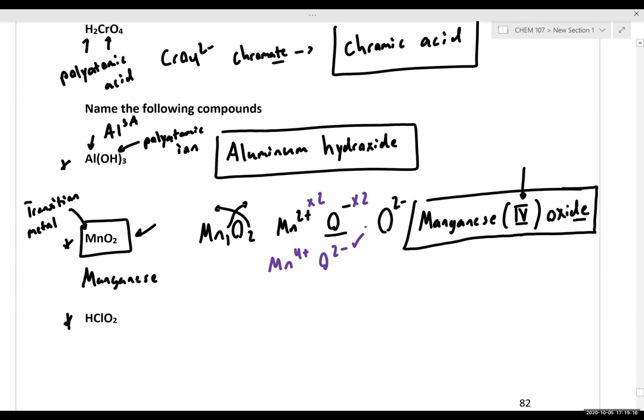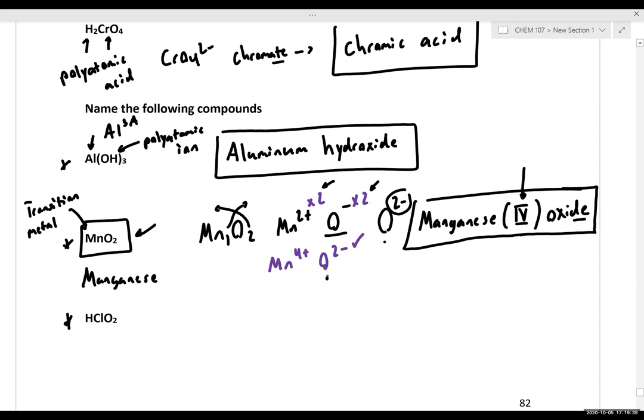And that does not match the known charge of oxygen in our periodic trends. So to correct that, we multiply both of our charges by the same number, in this case 2, so that the charge of oxygen matches the correct charge predicted from periodic trends.